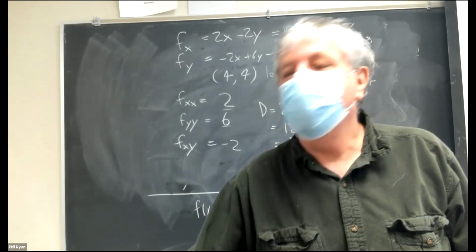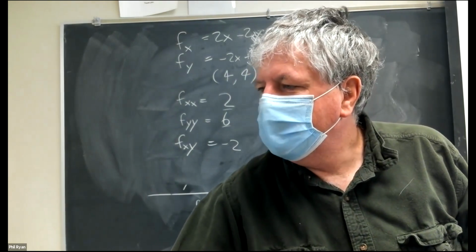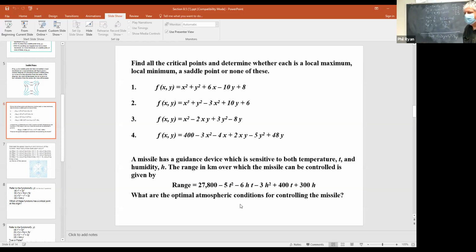Okay. I think we've got time for another problem. 400 minus 3x squared minus 4x plus 2xy. And here's the most complicated one yet, minus 5y squared plus 48y.